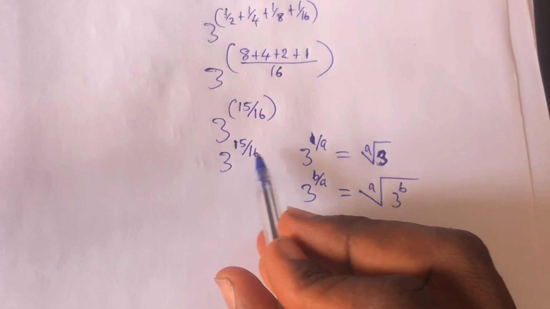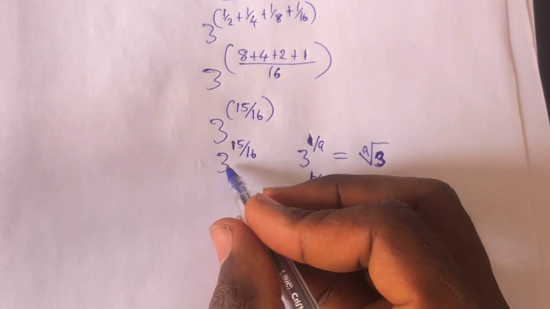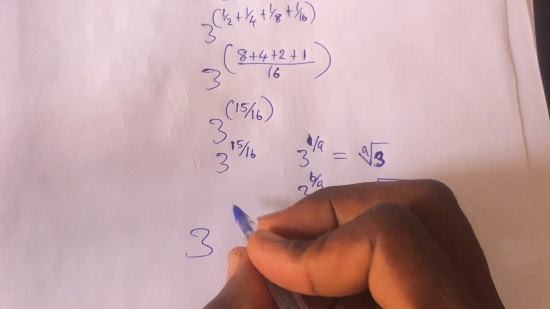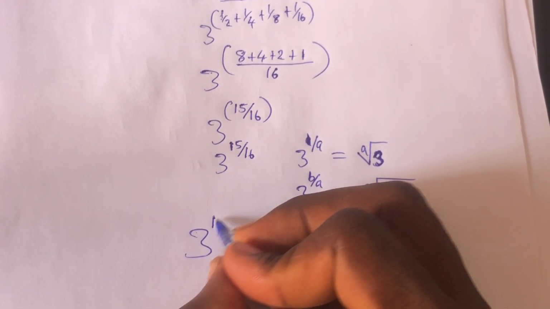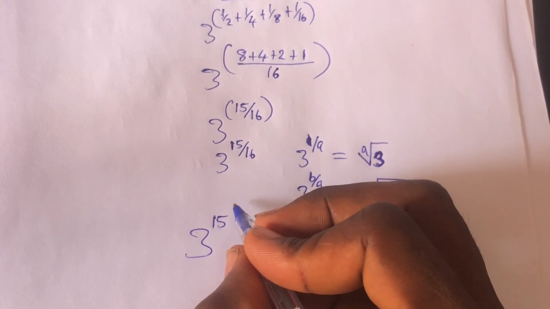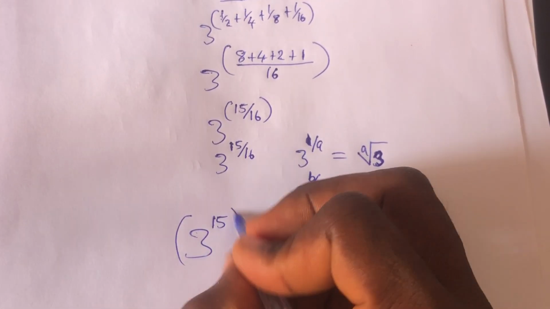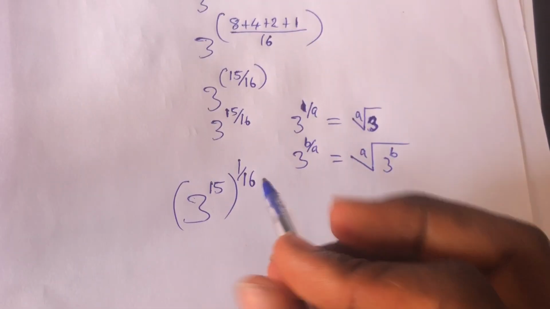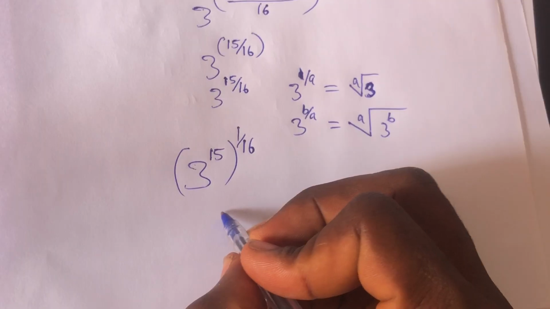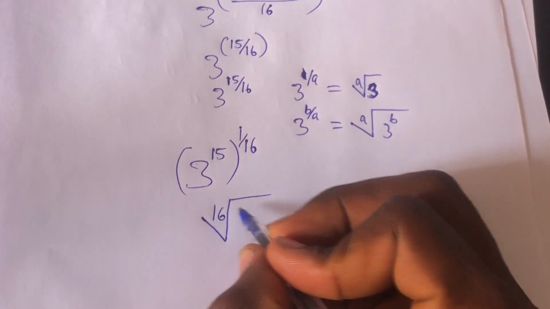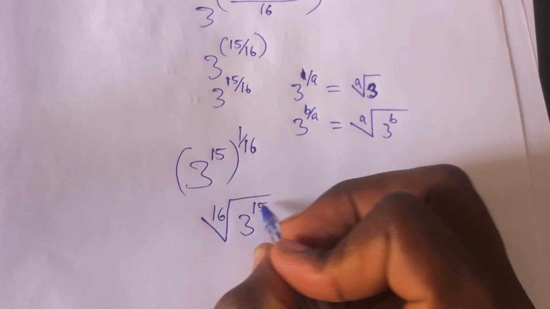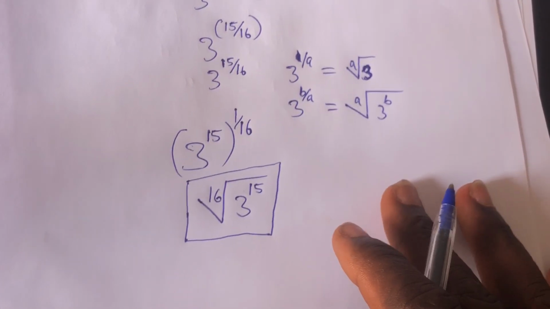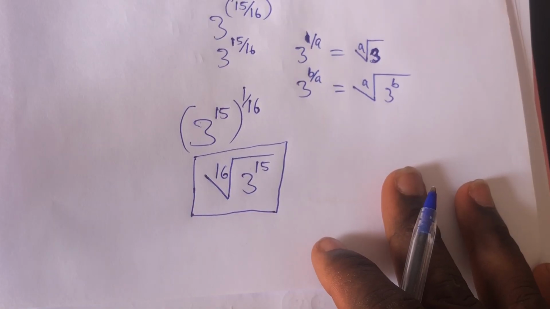Likewise, if we use this and bring it here, we find out that 3 raised to power 15 over 16 is the same thing as 3 raised to power 15, everything under the power of 16, which is the same thing as the 16th root of 3 raised to power 15. This is our final answer: the 16th root of 3 raised to power 15.